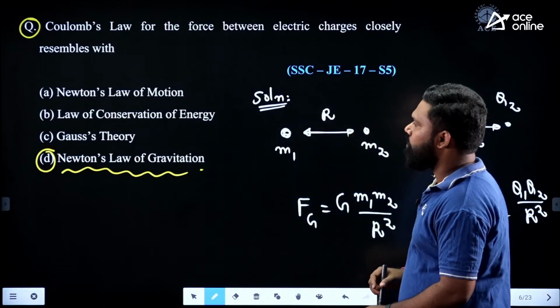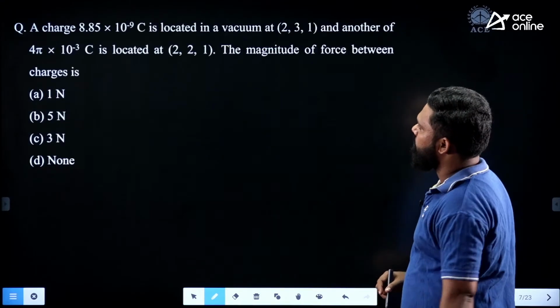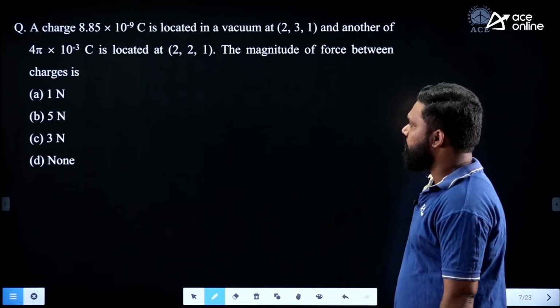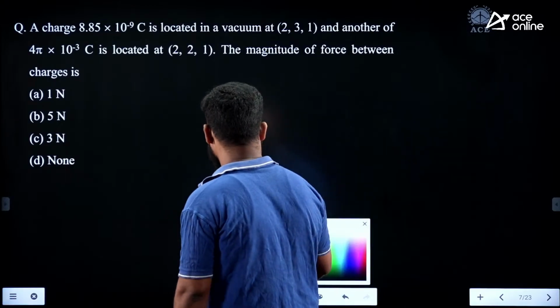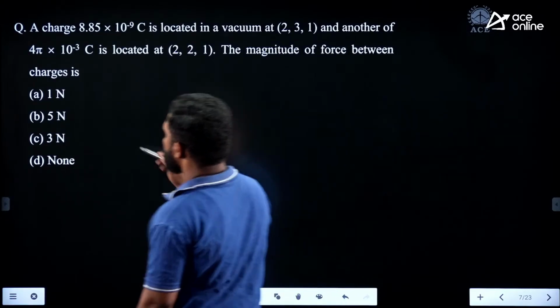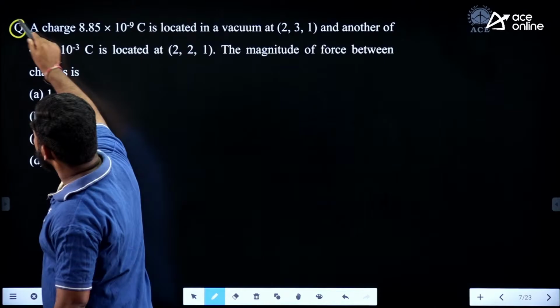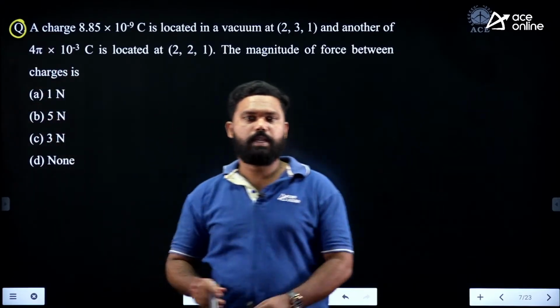Okay. Let us have one more question. It is a numerical. Try to solve this one. Come on, speak out.